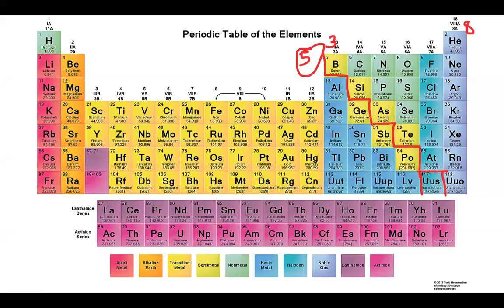I showed you a formula that we use in Zambia. If you want to find out how many electrons an atom is going to gain or lose to attain stability, you just subtract the group numbers.